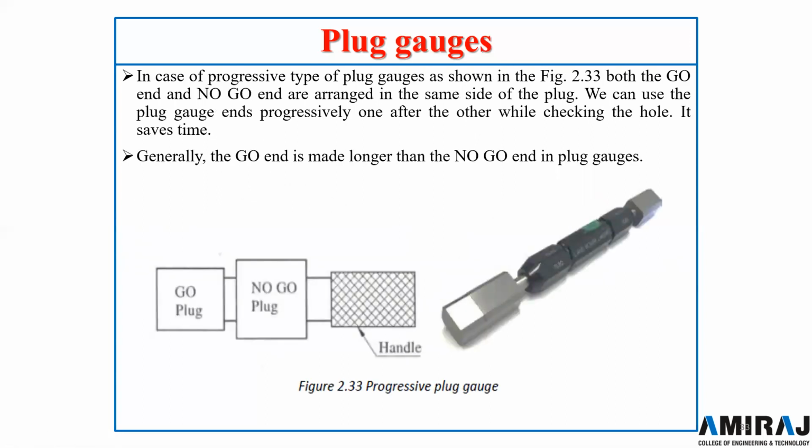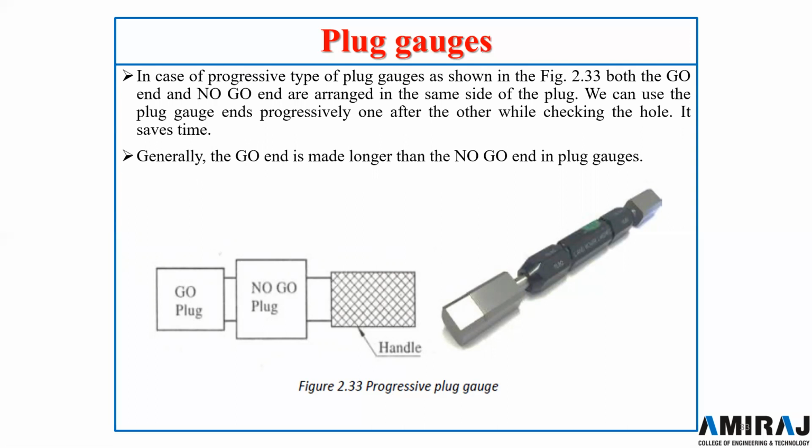Now, in the case of progressive type plug gauges, as shown in the figure, both go and no go ends are arranged on the same side of the plug. We can use the plug gauge ends progressively, one after the other, while checking the hole. It saves time.